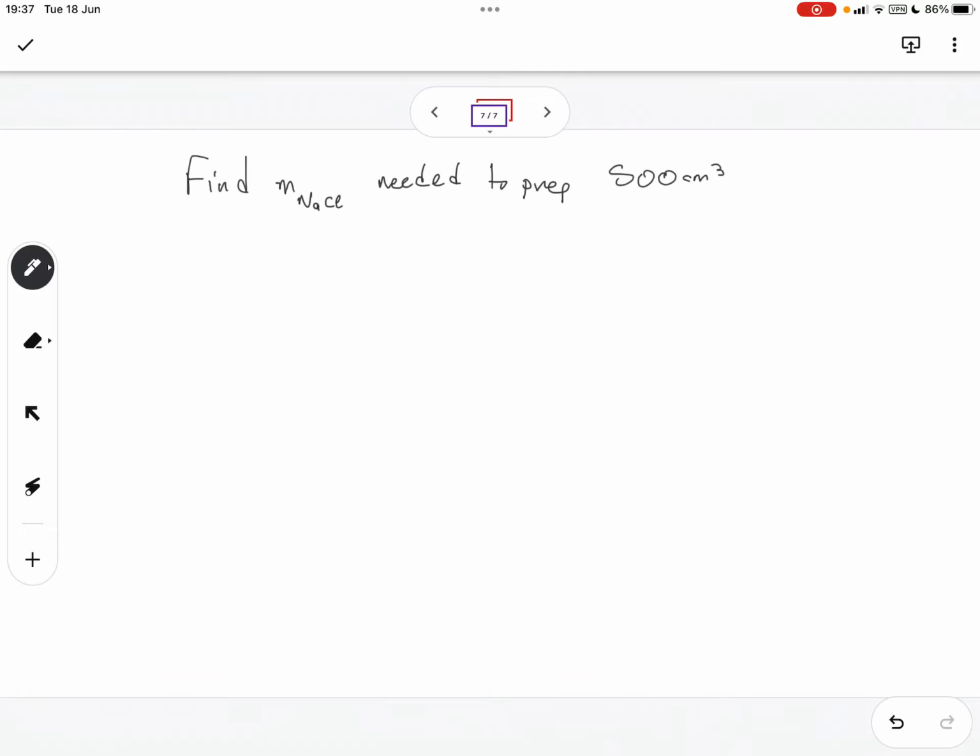Oh yeah, it is half a liter. And half a liter of salt with a concentration of 0.01 moles per dm cubed.